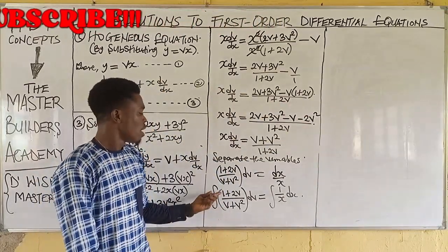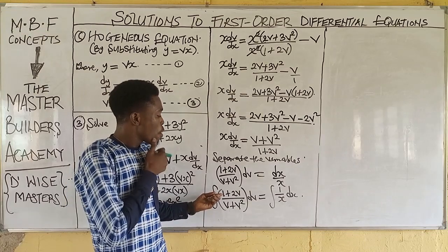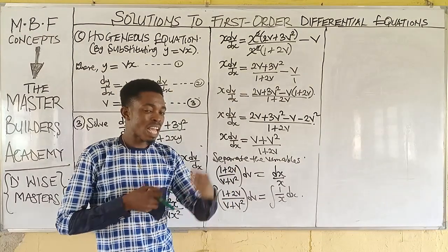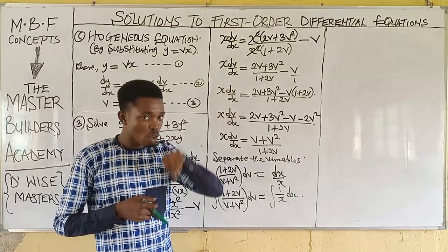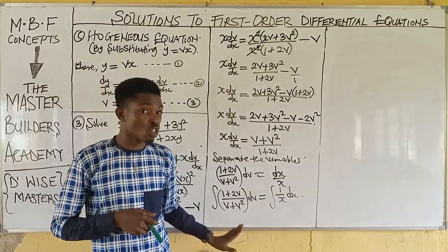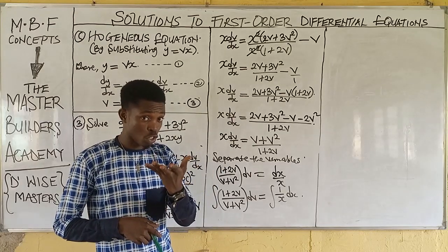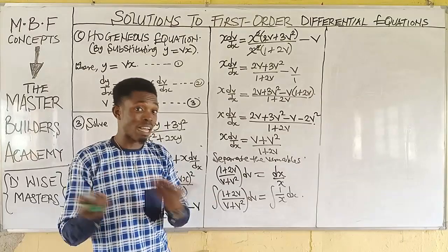Now, listen carefully. If we are to integrate 1 plus 2v over v plus v squared, we have a function at the numerator and also a function at the denominator. Of course, we have not solved a problem like this since we started dealing with first order differential equation. But I want to teach you some secrets, which is still the same thing as what we have done before.